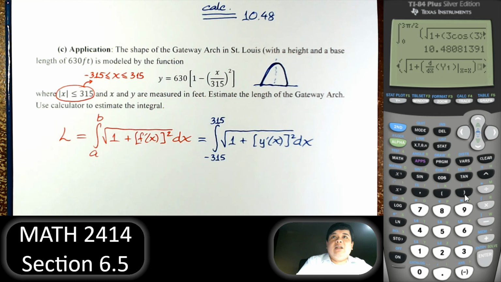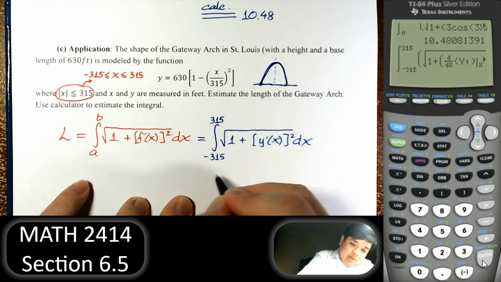Let's close that and then square. So this we have the derivative with respect to x squared, and I'll just have x here and wait for a moment.